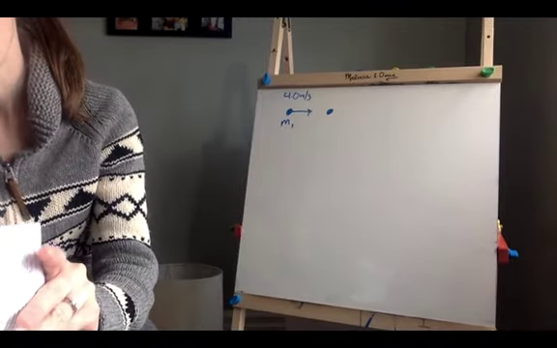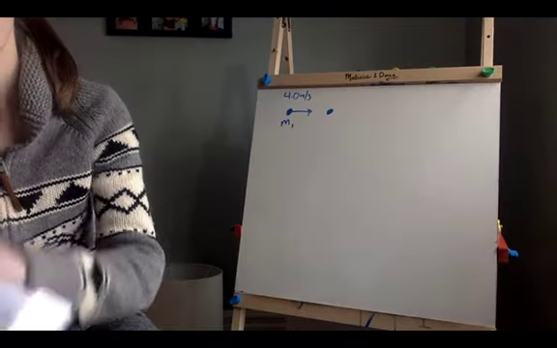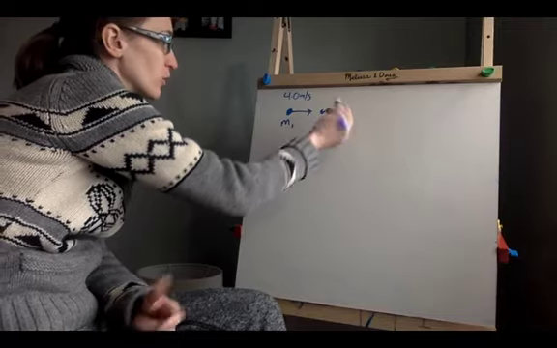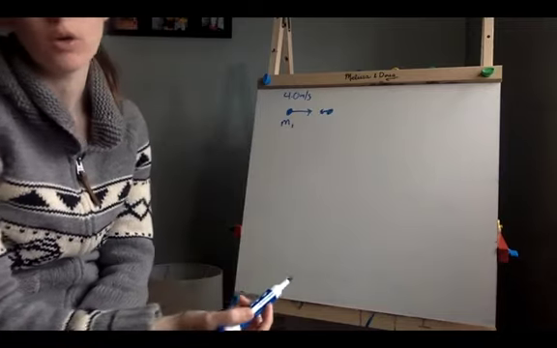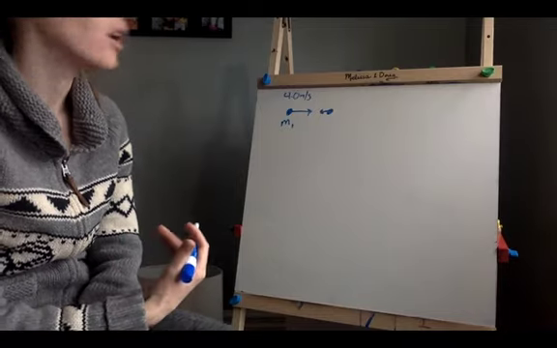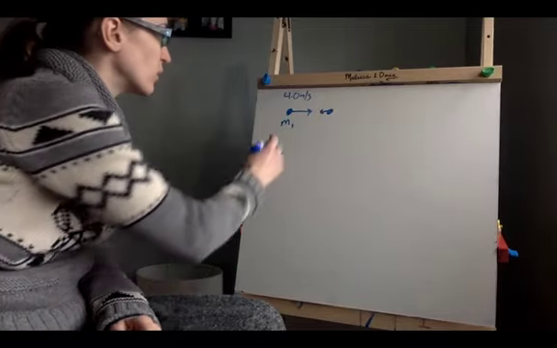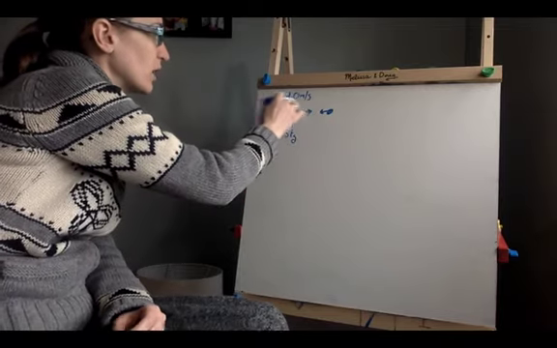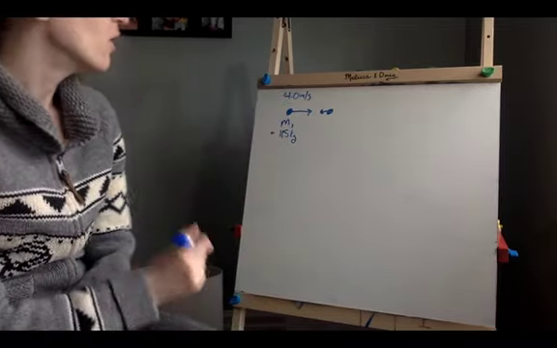Likely they are running at them. We just don't know the mass of this person. We also don't know what speed they're running at. We just know that they're coming in for a head-on tackle. So we know that this mass here is the 115 kilograms, and we know that they're running in that direction. That's the first scenario.